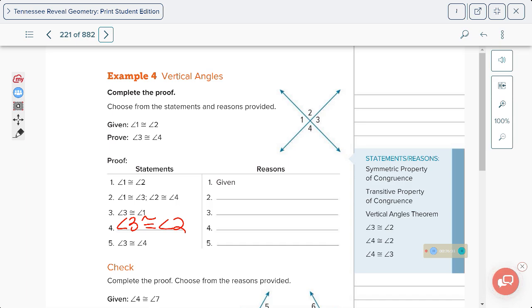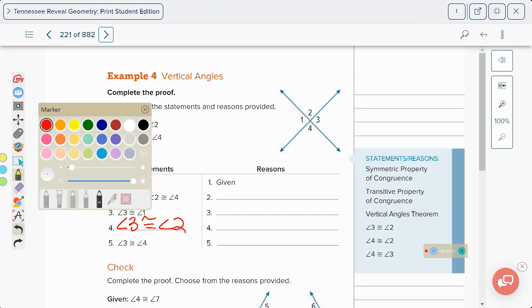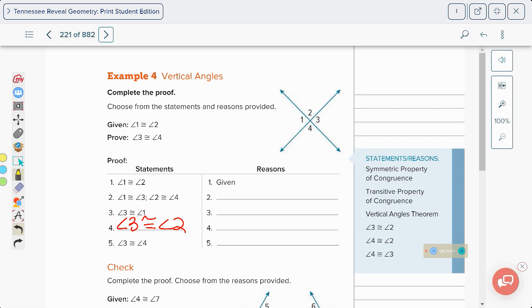Okay, so we're going to skip over to example 4 on page 201. Again, we are practicing filling in those justifications. They don't call them reasons anymore. I don't know why. They wanted to be complicated and turn over to justifications instead. But that's what they call them now, but it's the same thing.